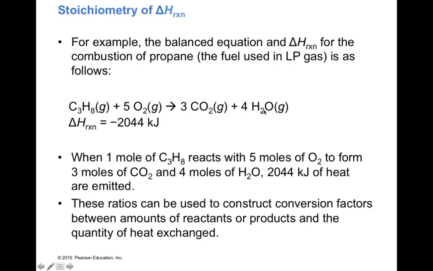We have seen that before, but now we can also add the enthalpy of the reaction by saying that 1 mole of propane will produce 2044 kilojoules, or 5 moles of oxygen will produce 2044 kilojoules. And remember that this is because these two are part of this combustion reaction.